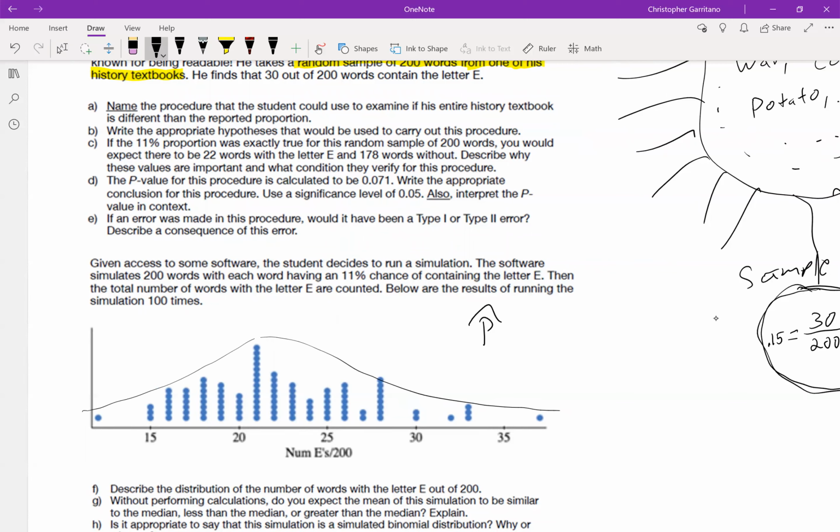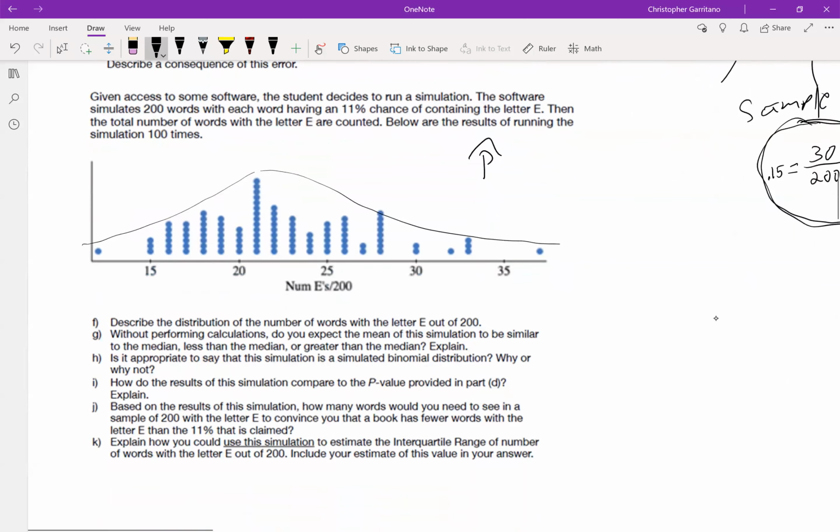Something that's nearly normal, that's centered at 0.11 or 22 out of 200, and with the standard error, again, that we saw there, all right? So this is the important part, that you understand what this dot plot is showing you. It's showing you a partial construction of the sampling distribution.